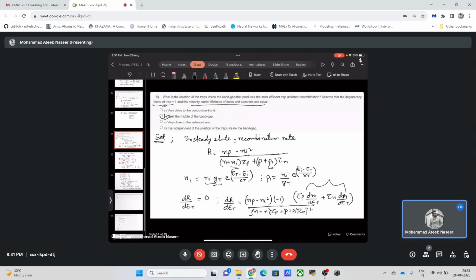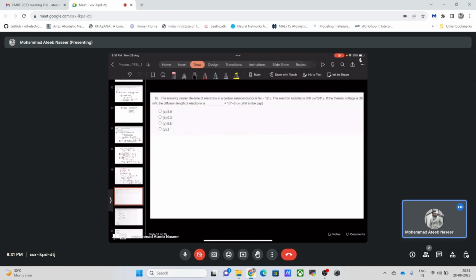Okay, now let's move towards another problem, which we also discussed yesterday, when we were talking about how to approach these kinds of problems. One of the students came up with Einstein's equation, and he said that this equation deals with the diffusion length, so we will require the diffusion constant.